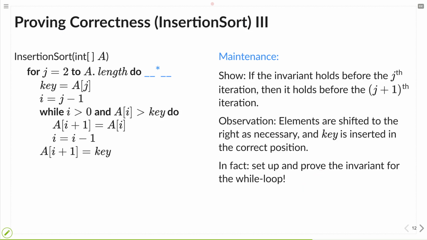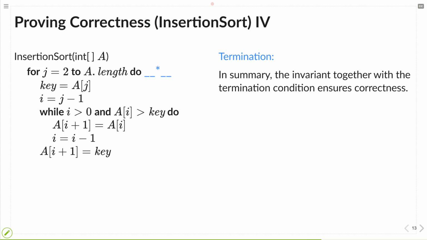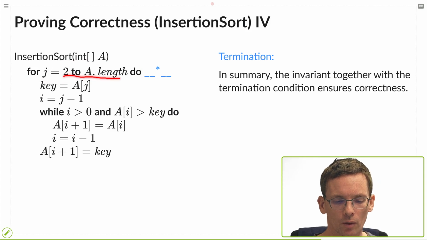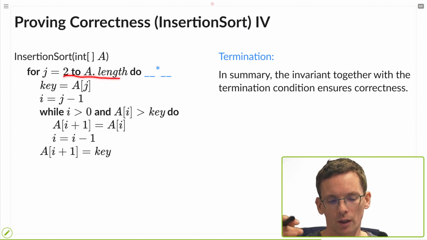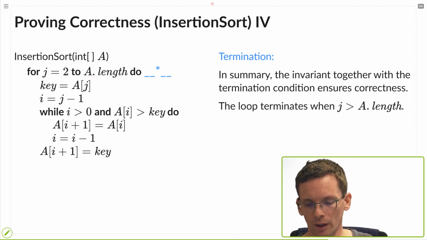Now termination. In termination, we make use of the loop invariant to show something useful about the algorithm after the loop has finished. So I use the invariant and the condition that the loop finished, the termination condition. If you have a loop, in every step j is incremented until j is no longer in this range, so until j is above the length of A. This is the termination condition.